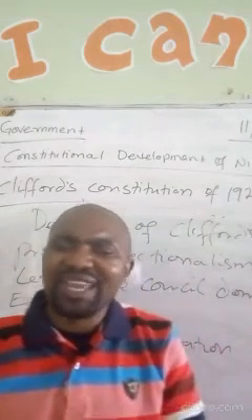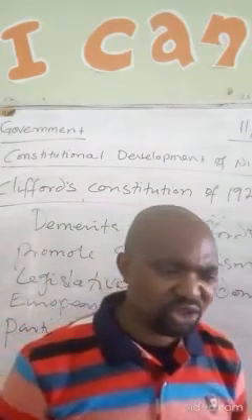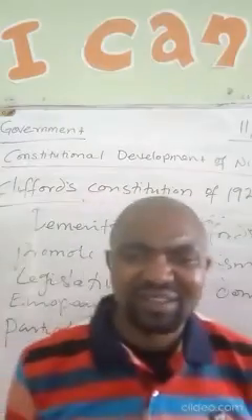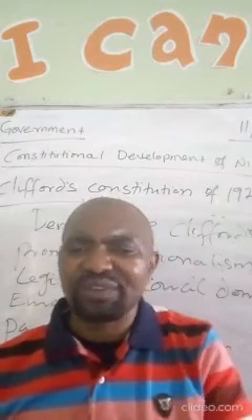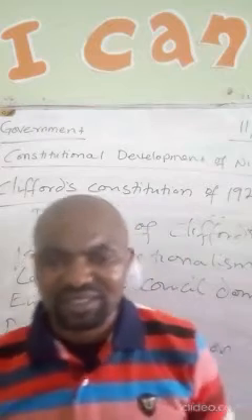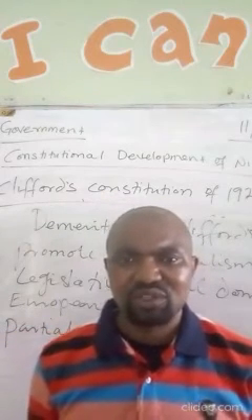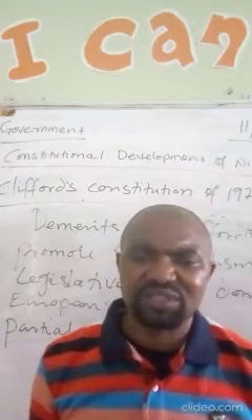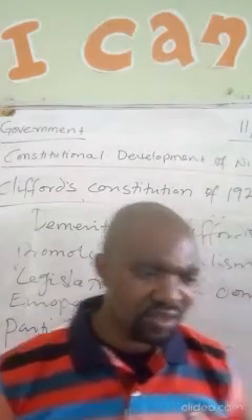So it is a very strong weakness of the Constitution. And then the Governor General was given absolute power to veto whatever decision was taken by both the Executive Council and the Legislative Council. So whatever decision they come up with is subject to the approval of the Governor General. So that is also a weakness of the Constitution.